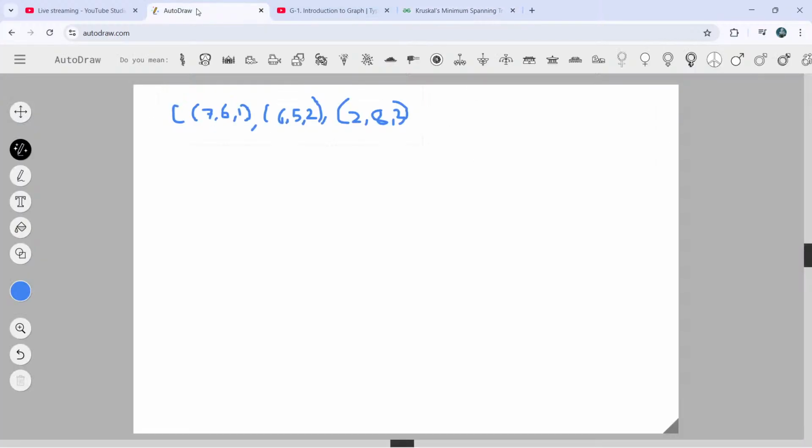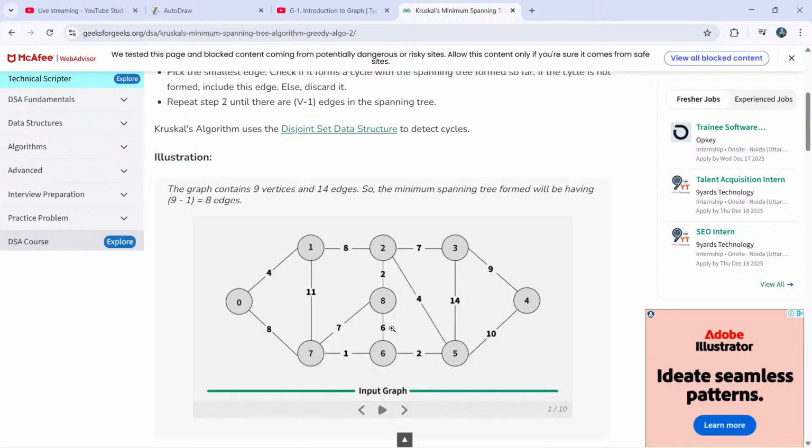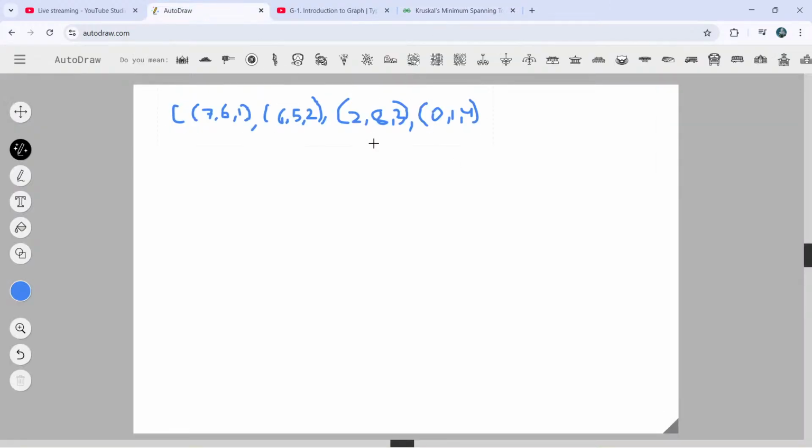Then we have 0 1 with weight 4. Similarly, we have 2 5 with weight 4.